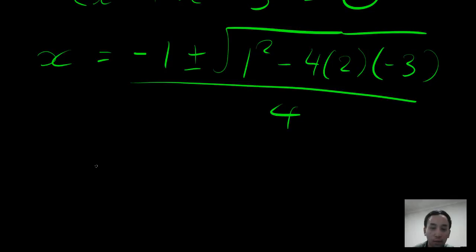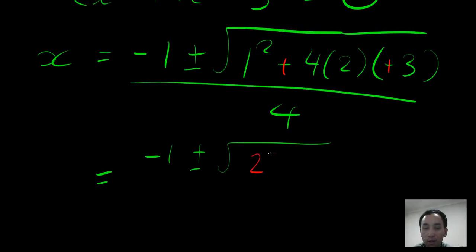To keep going, we're going to have negative 1 plus or minus the square root of 1 squared. So you can see it's plus over here. We'll just do that in a different color. So we have double negatives, so 1 plus 24, 25 is inside it. And this is over 4.